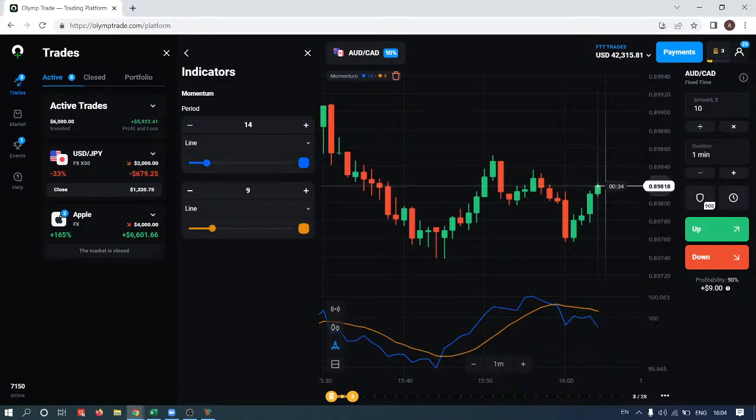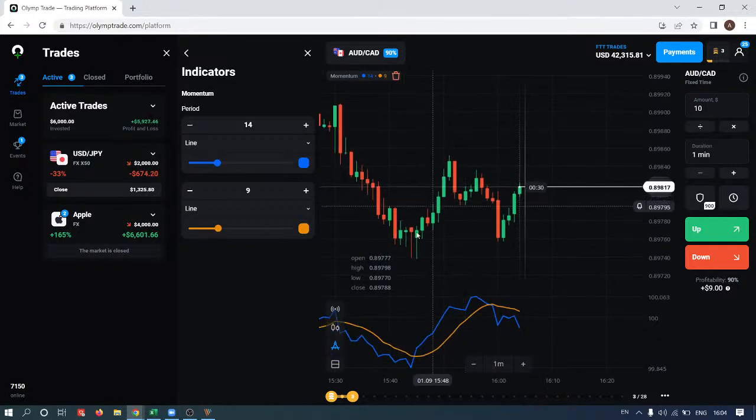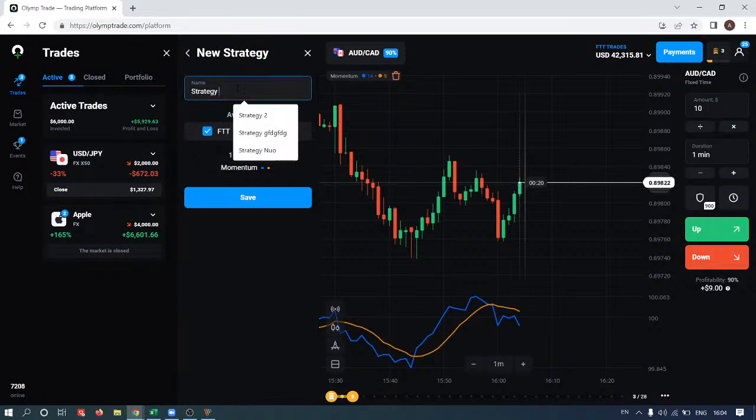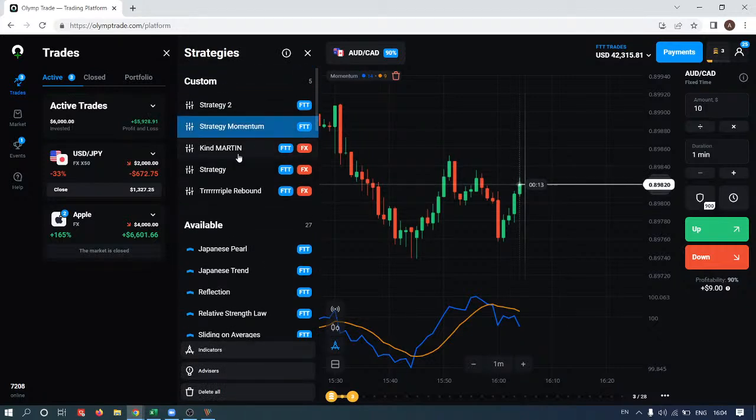I change the look of this indicator a little bit. And I will show you one little thing here. Once you've made some changes to an indicator, you can easily save it as a separate trading strategy. I will call it strategy momentum, and I press save, and voila.